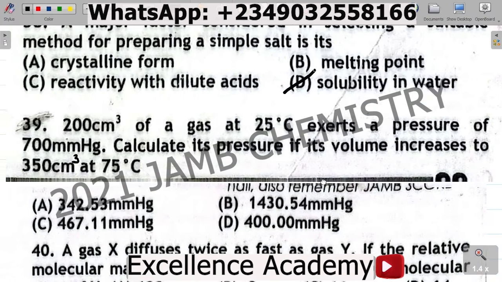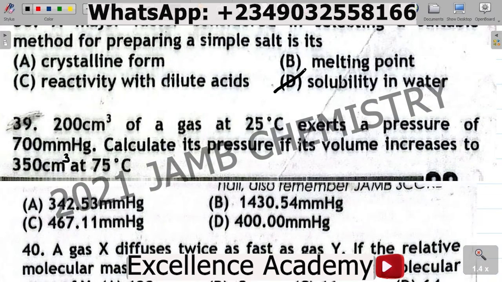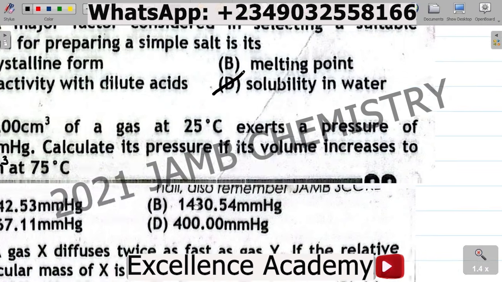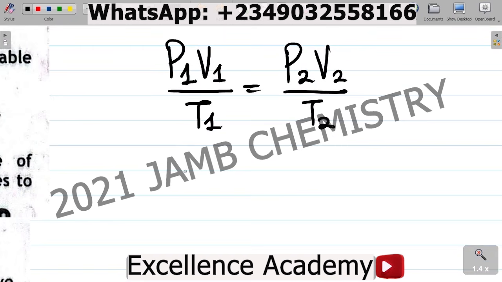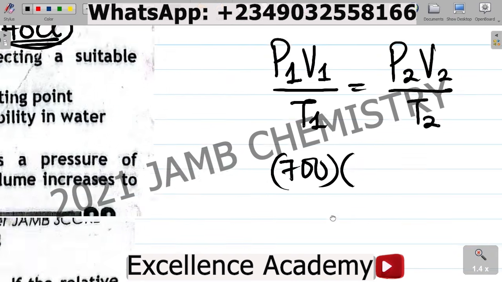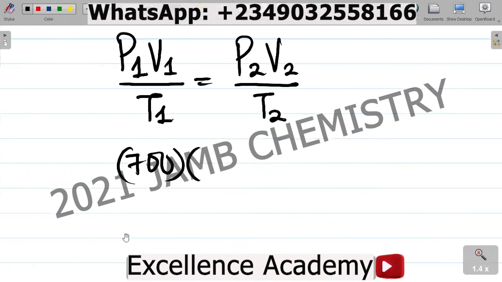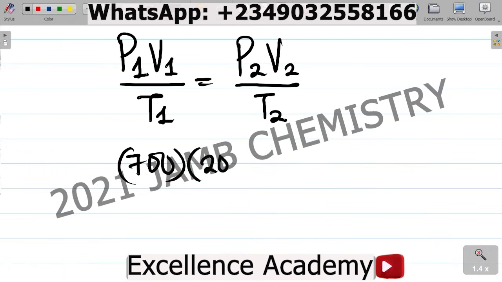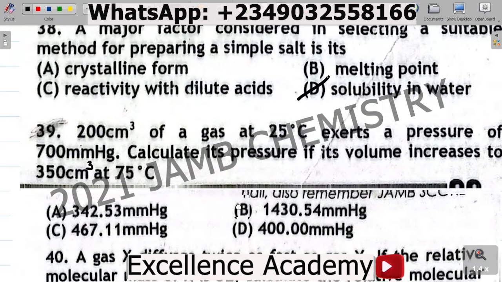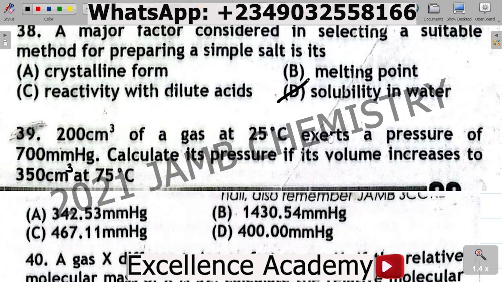The value of P1 is your first pressure, which is given as 700 millimeter mercury. The value of V1 is 200 cm cube. They give us temperature T1 here at 25 degrees Celsius.